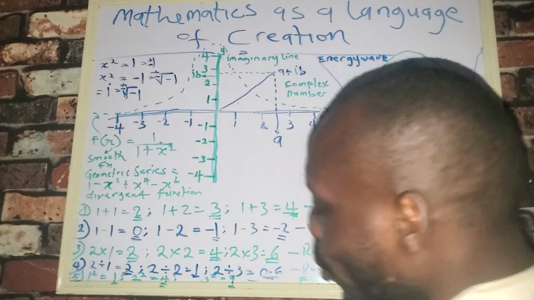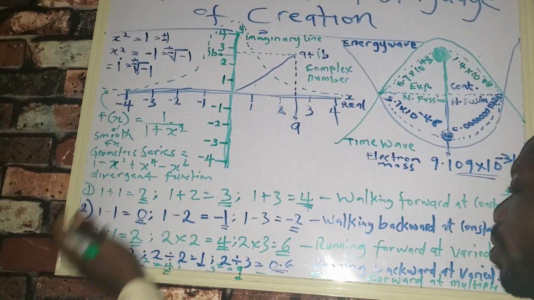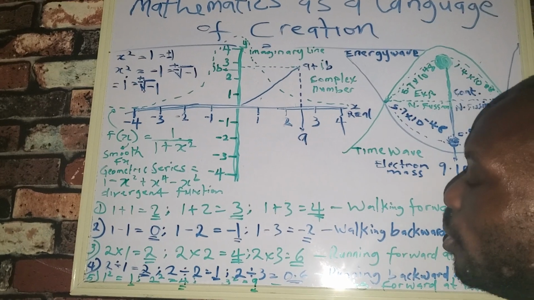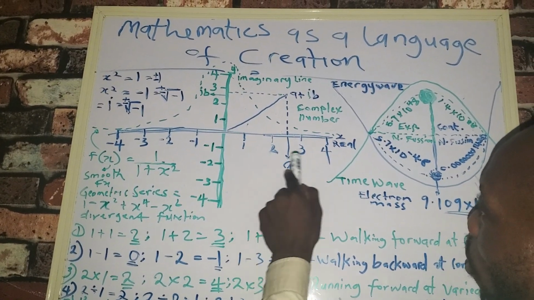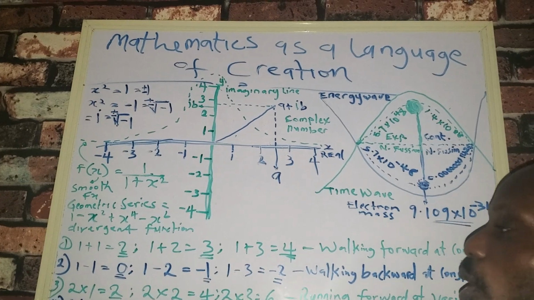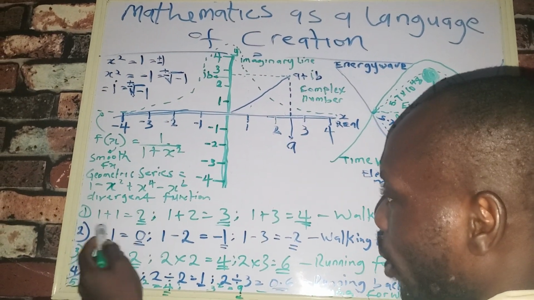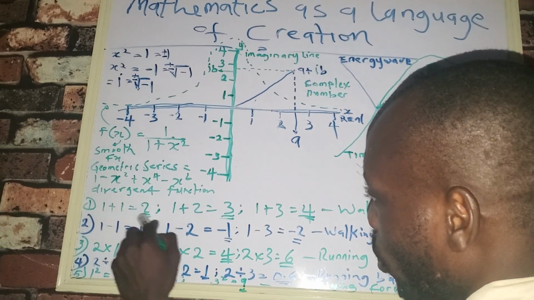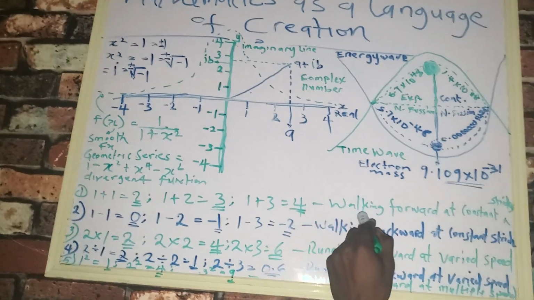Here we want to start with the addition operation with numbers to see how we come up with all these numbers like 1, 2, 3, 4. So we have the operation of addition where we have 1 plus 1 equal to 2. Then we have 1 plus 2, 3, 1 plus 3, 4.